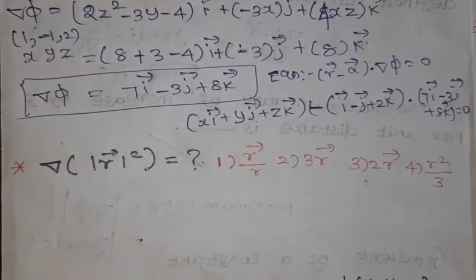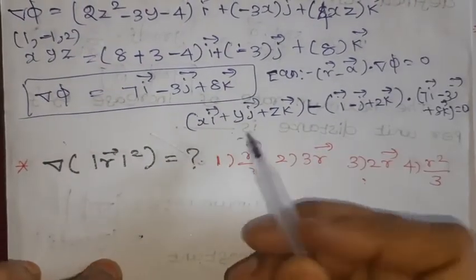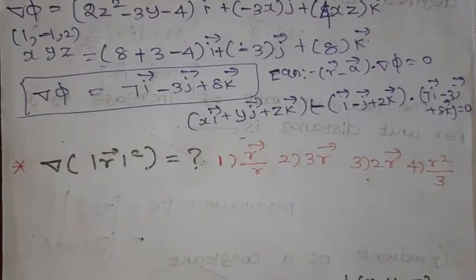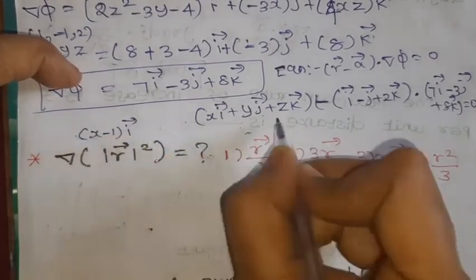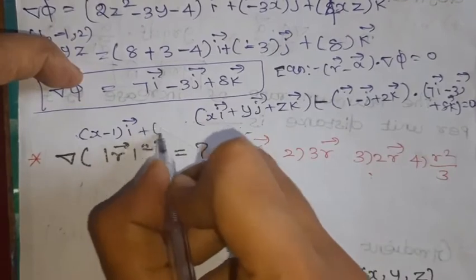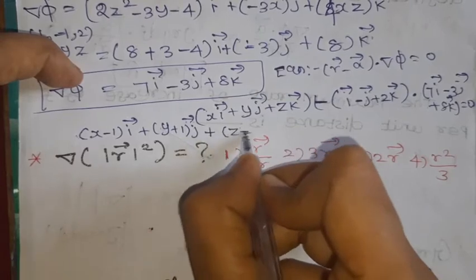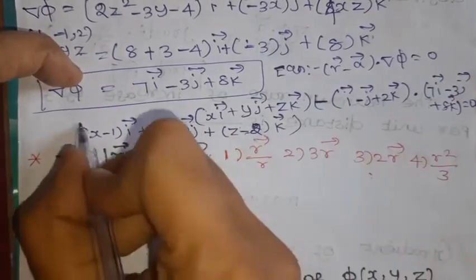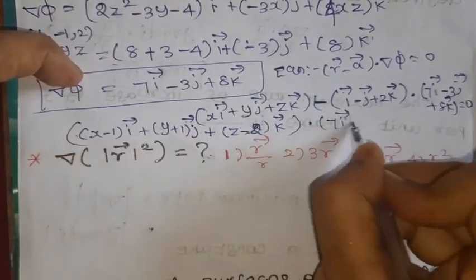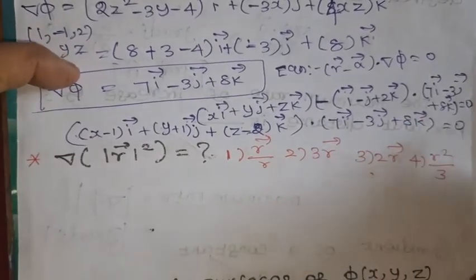So x minus 1 into i, y plus 1 into j, plus z minus 2 into k, dot product of this 7i minus 3j plus 8k, okay, equal to 0.